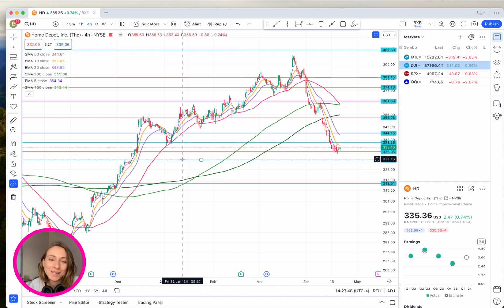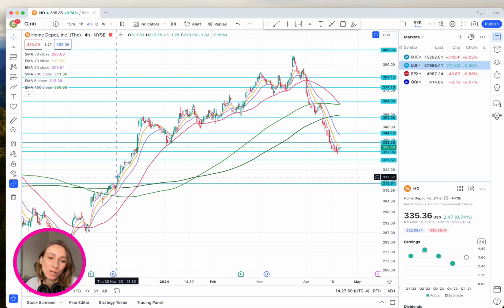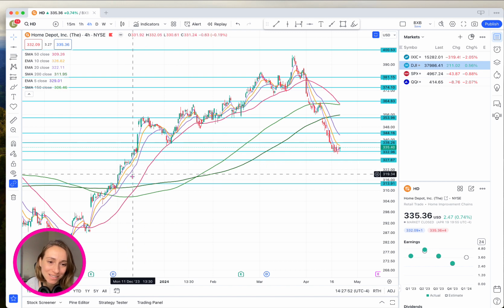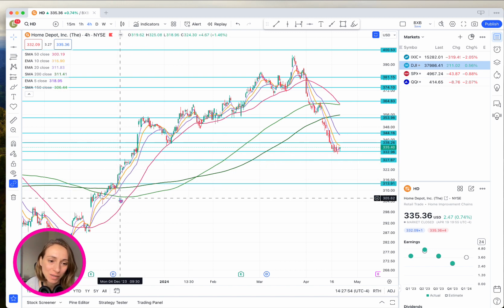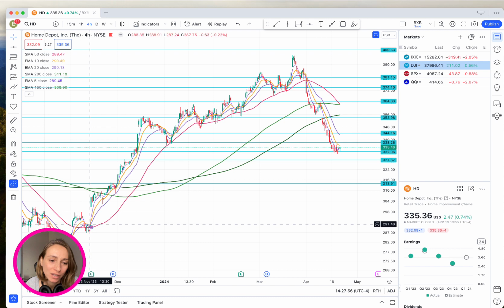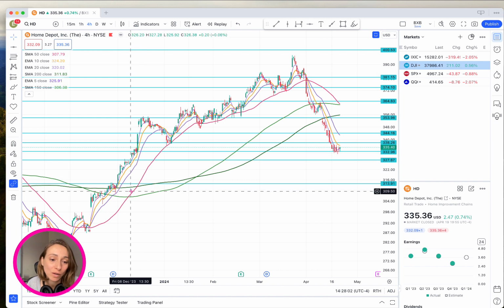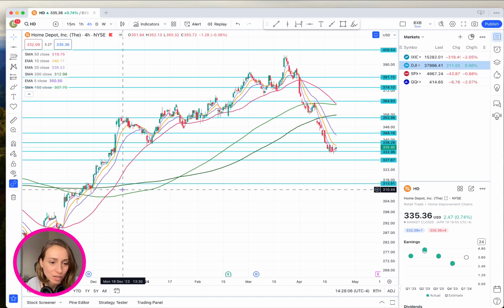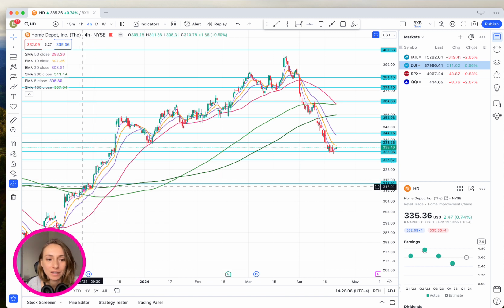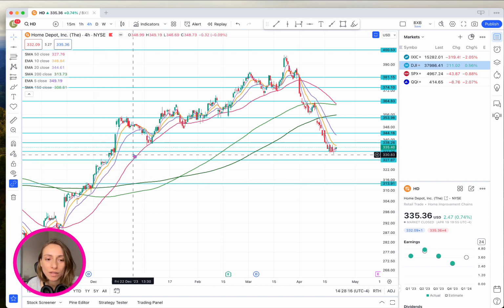But what you want to pay attention to is when you see price crossing these lines, the other elements that come into play: how was the earnings reaction? What are the moving averages doing? What does the volume look like if you're including volume in your strategy? So the lines don't become less important, but they become a little weaker once you have other things on your side.